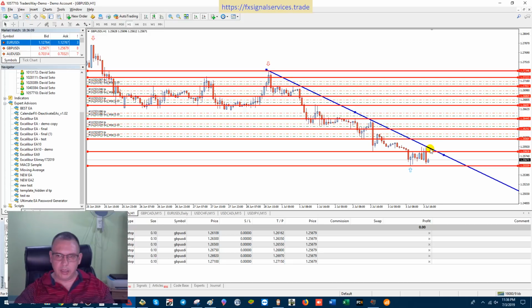And we judge where to place the pending orders by looking at all of our previous support and resistance levels. You're simply looking on the chart here, finding points out. It went up to this point, it came down to this point, came down to this point, and so on.